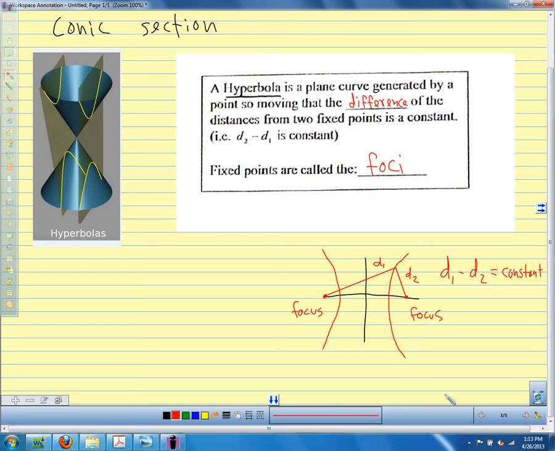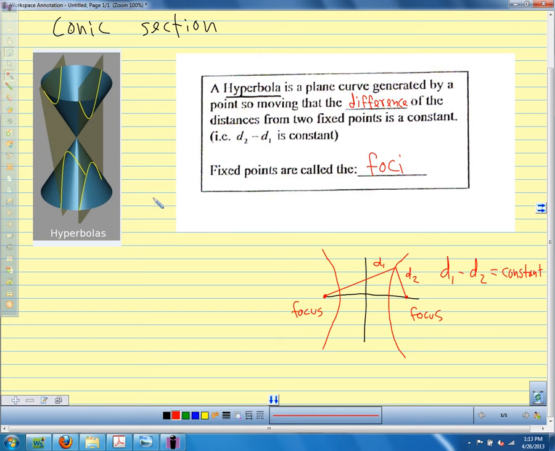So with an ellipse, I added the two distances and I got a constant. With a parabola, the distance from the focus to the directrix, those two distances were equal. So this is how we're going to work with hyperbolas.